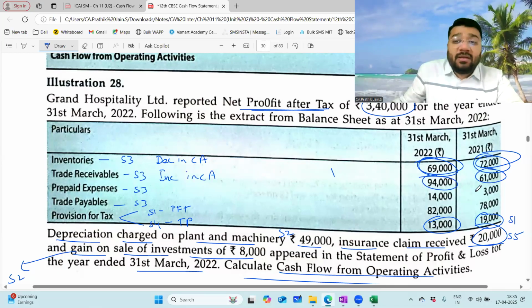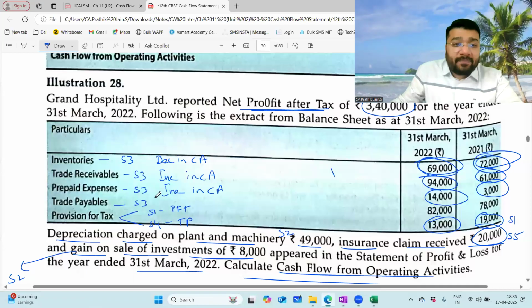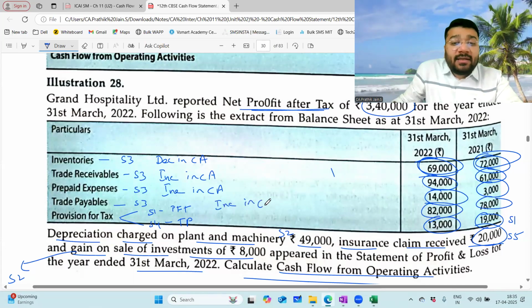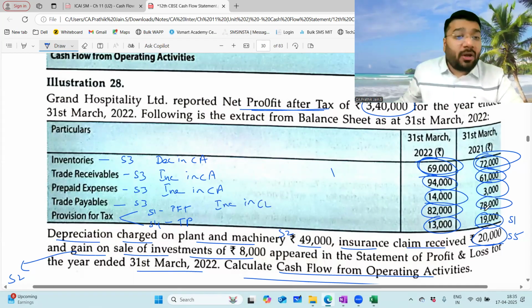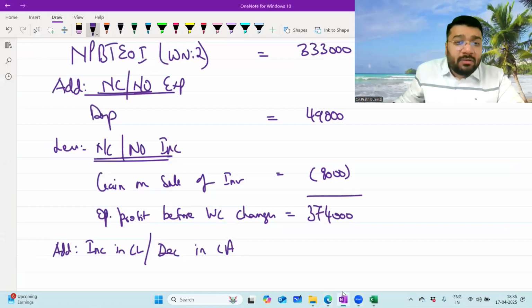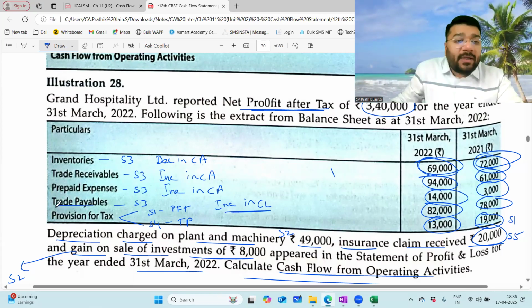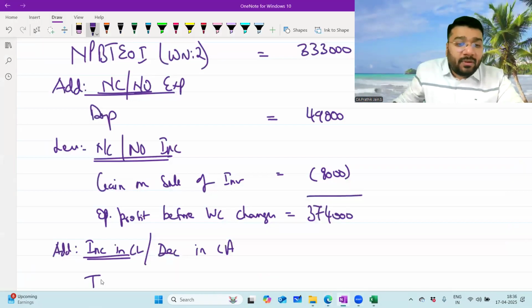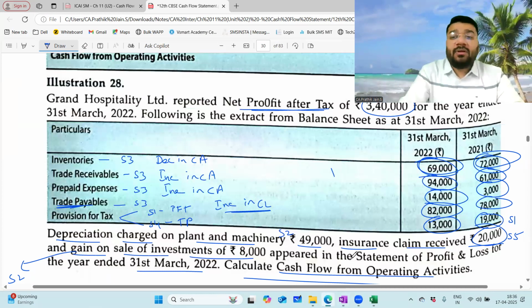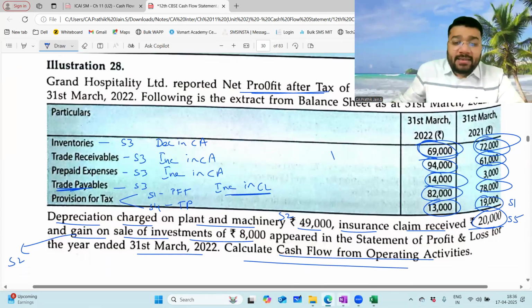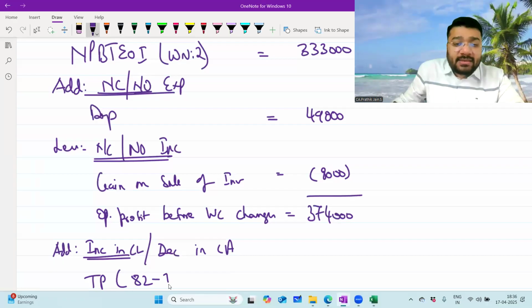Prepaid expenses 3,000 to 14,000, increase in current asset. Trade payable 78 to 82, increase in current liability. Provision for tax will not come here, as it is already taken into consideration. Trade payable increase is 82 minus 78, 4,000.